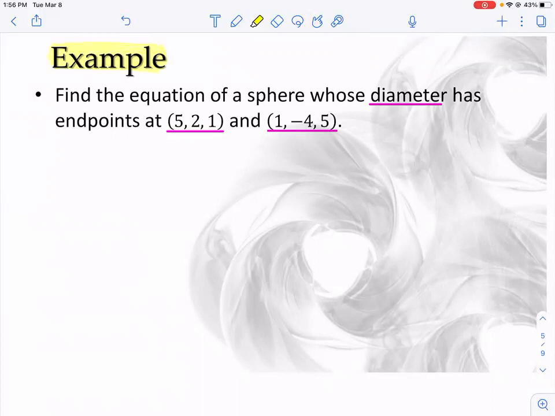So what 2 things do we need to know about our sphere in order to write the equation? Center and radius. I have neither one of those things. How do we calculate the center? I have the endpoints of the diameter. Oh, the midpoint.